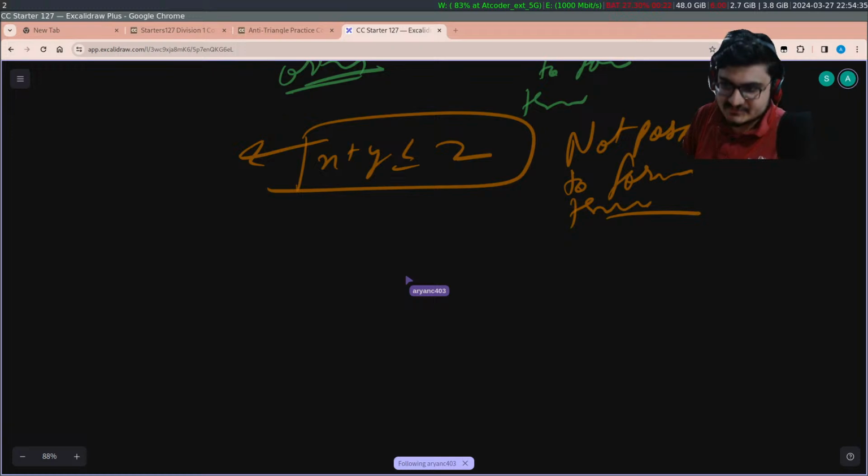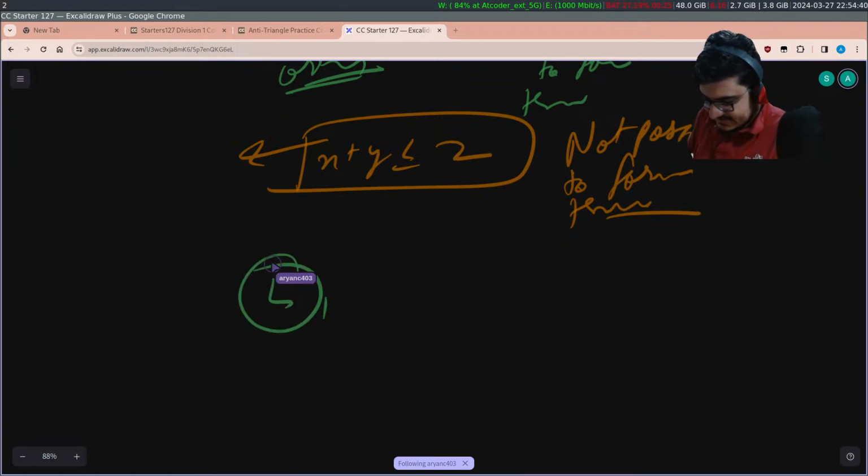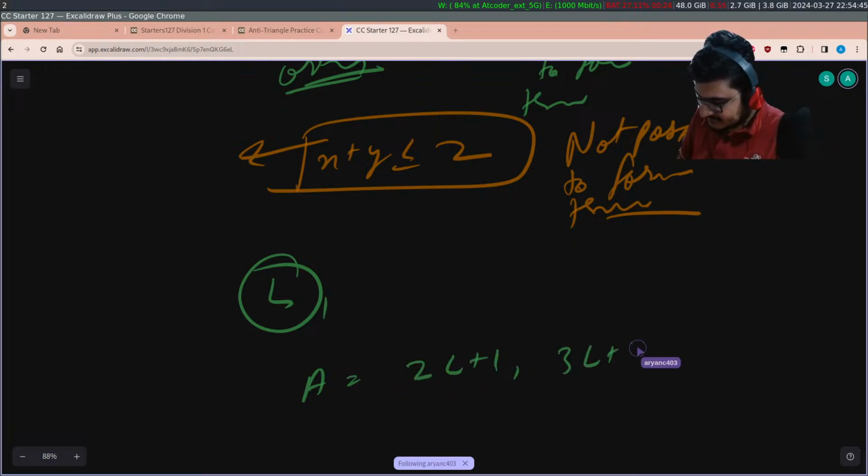One thing we can do is make L the smallest number, and the smallest possible number in the array can be 2L plus 1, 3L plus 2, or let's just add multiples of L plus 1.